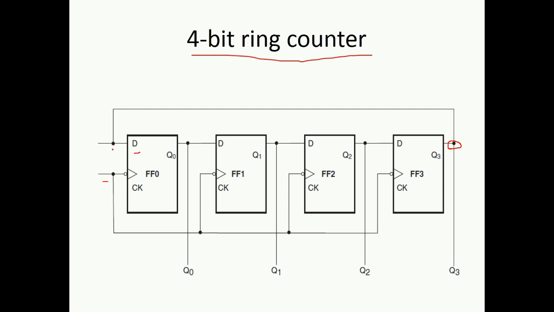Now, to start with the explanation, initially we will design it so that the input to flip-flop number 0 is 1, whereas the outputs of all the flip-flops are reset. So that means when the clock is 0, we have given 1 as input to D and all the outputs of the remaining flip-flops are reset.